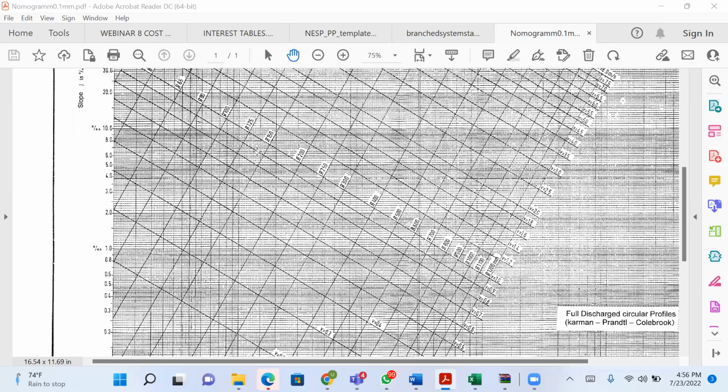If the thing falls into here now, you get two parameters from there. If you move up to down, left to right, you get velocity. If you move down to up, from left to right again, you get the pipe diameter. So ask your question now, sir.